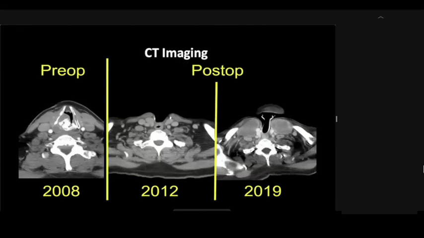These are selected axial images from CT soft tissue neck studies of this patient. 2008 shows preoperative imaging at the time of diagnosis, 2012 postoperative, and 2019 this presentation. So what is going on?